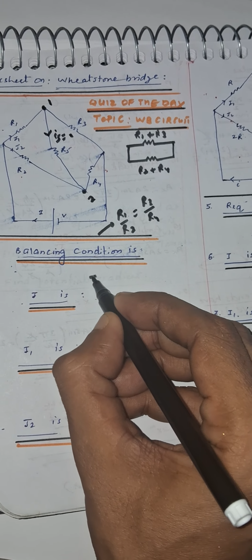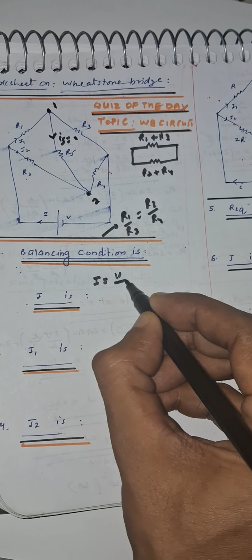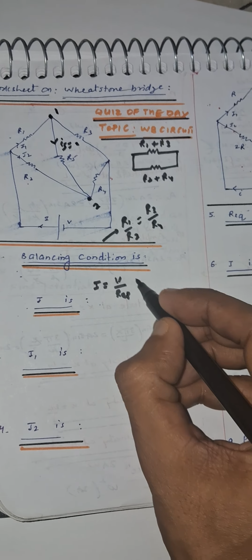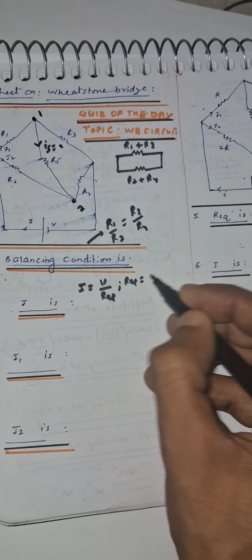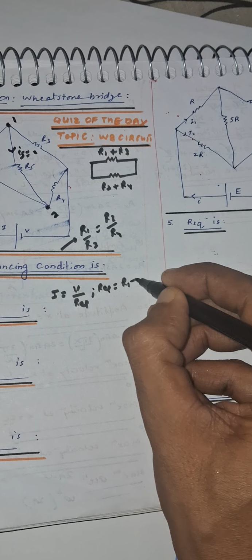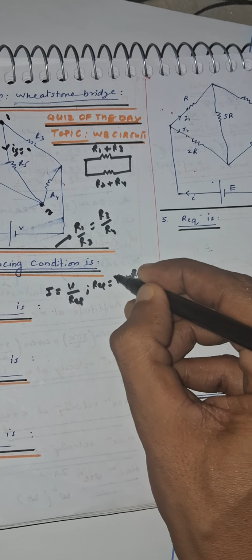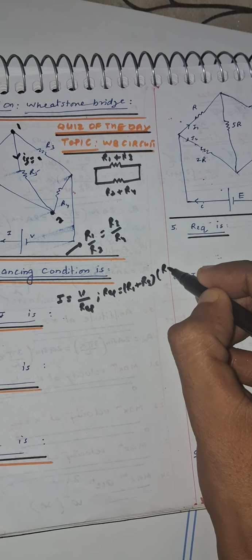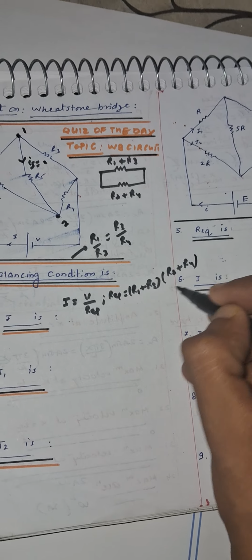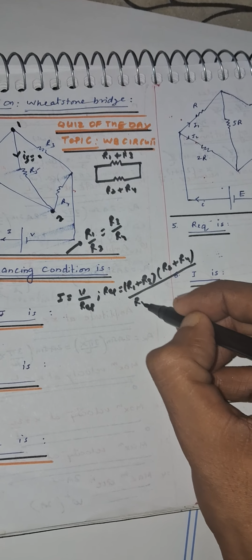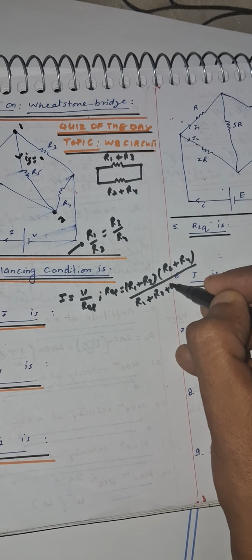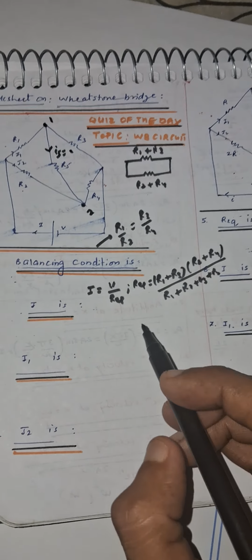So we can write I as V divided by R equivalent, where R equivalent will be equal to R1 plus R3 multiplied by R2 plus R4, divided by R1 plus R2 plus R3 plus R4. That will be the current in this particular branch.